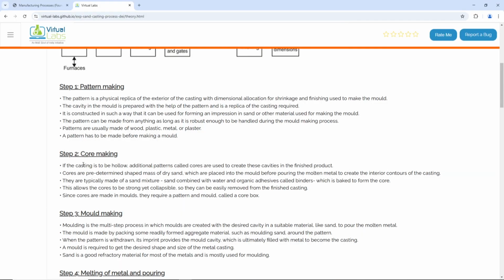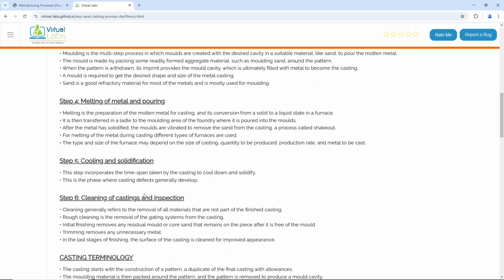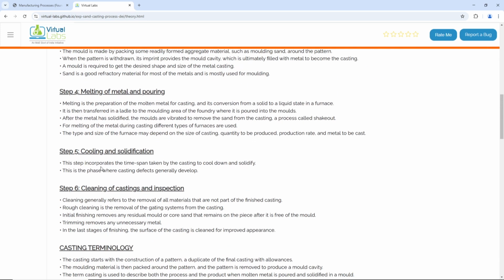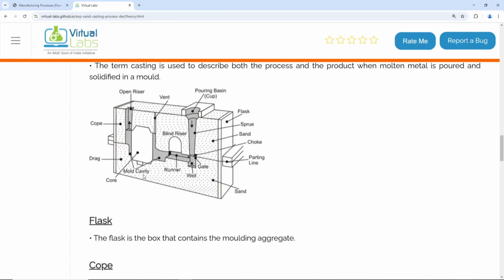If the casting you are going to make has something hollow inside, for example, a hub or a pipe which is hollow inside, the core has to be there. So, core making is also there, mold making is there, melting and pouring, cooling and solidification. This step incorporates the time span taken by the casting to cool down. Then cleaning of casting and inspection. Then this is casting terminology, this you have seen already.